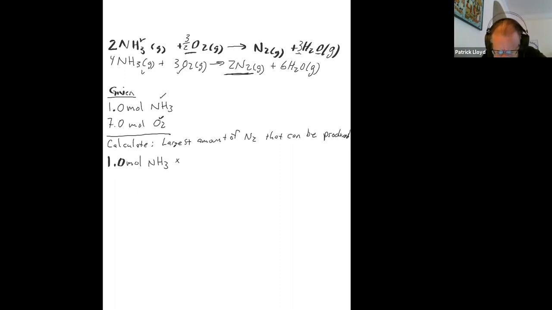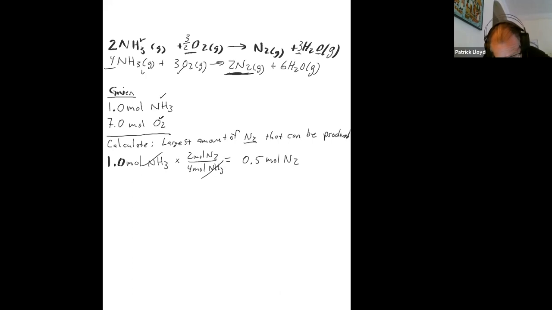And we're interested in nitrogen, so it's 2 moles of nitrogen for every 4 moles of ammonia, using this balanced equation here. So it looks like we have enough ammonia to give us a half a mole, 0.5 moles of nitrogen, okay? So I have a sneaking suspicion that that's going to be the answer because it's a pretty small number.